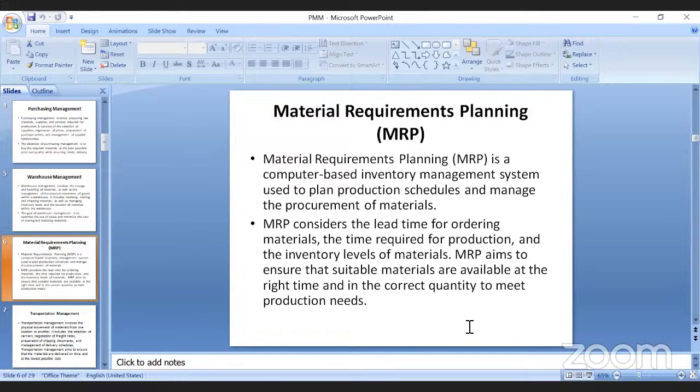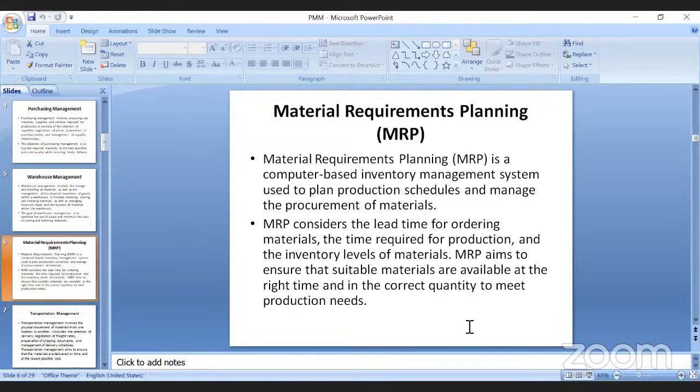You have to ensure the suitable materials are available, the right materials are there, and at the right time and in the right quantities to meet the production needs. If these three things are ready, then you will say material requirement planning.